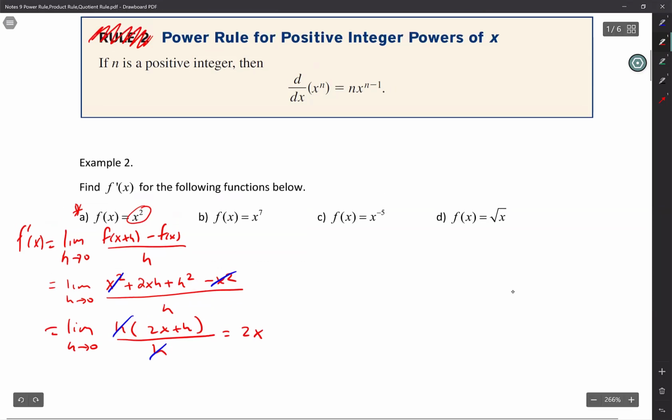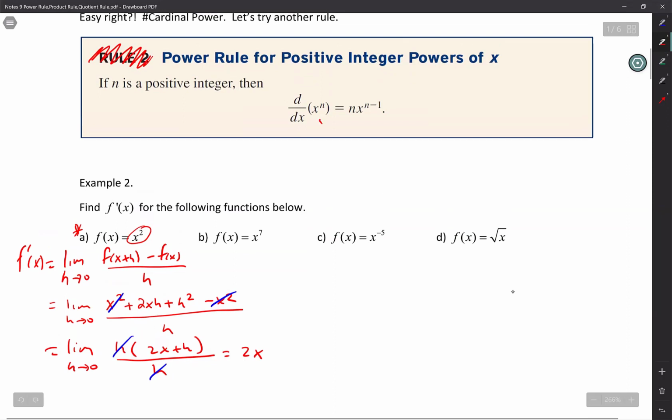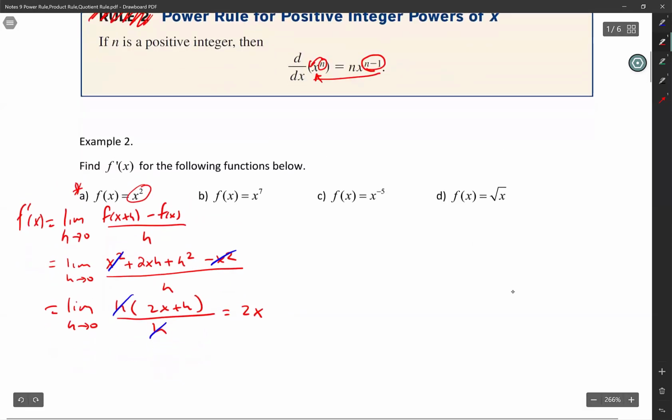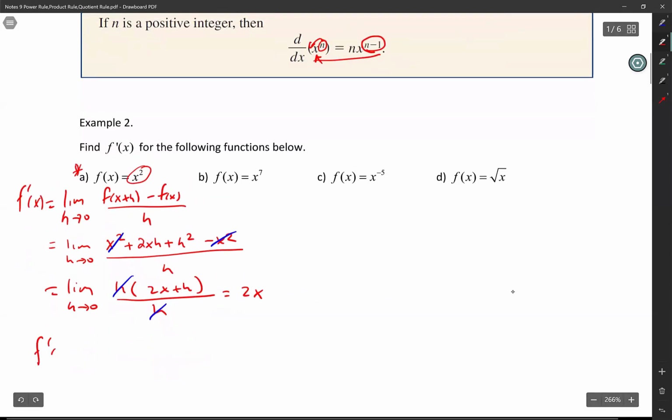This rule here, as long as it's a variable, notice it says x with the power n, where n has to be a number. It tells me that I can just drop whatever number that is in the front and then subtract 1 from it. That's what it says. Let's see if it works. f prime of x.